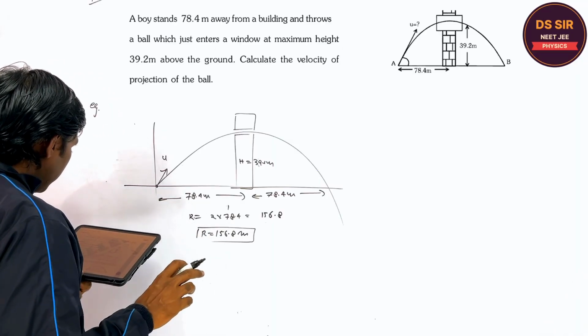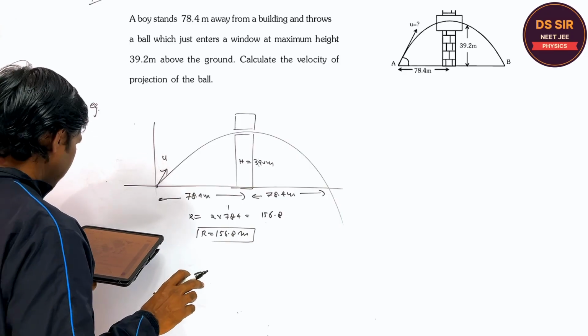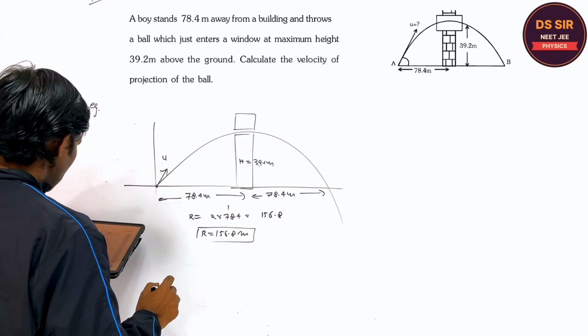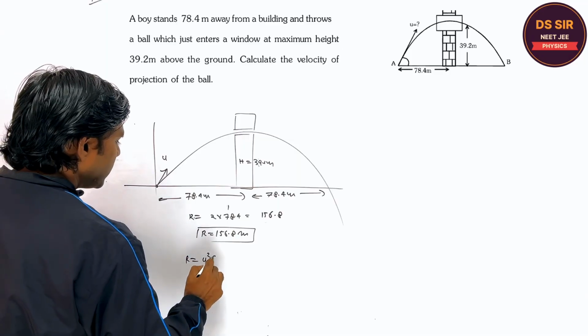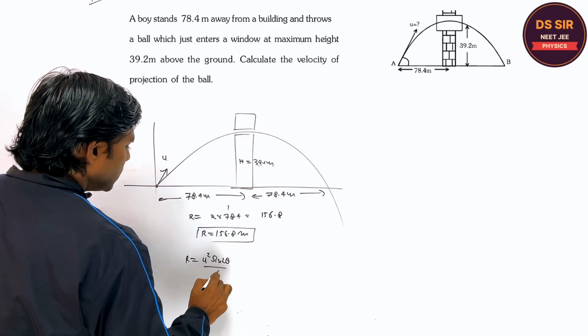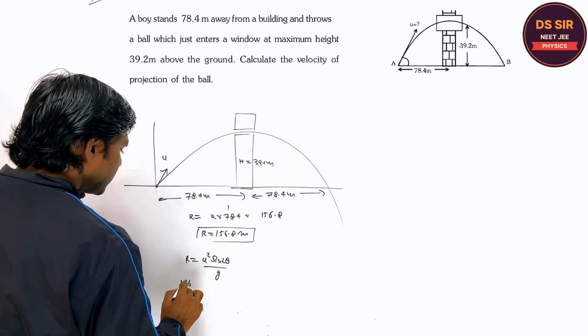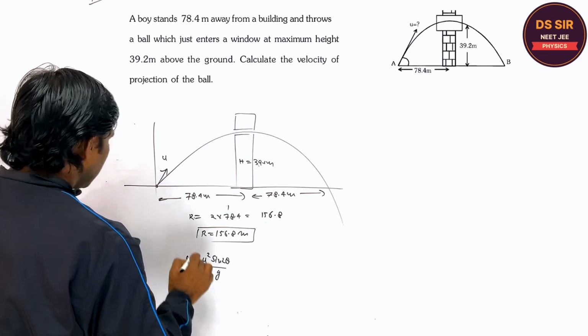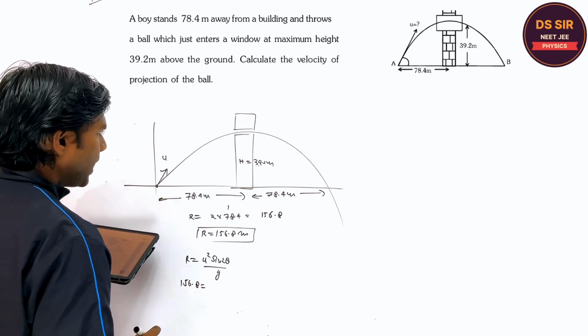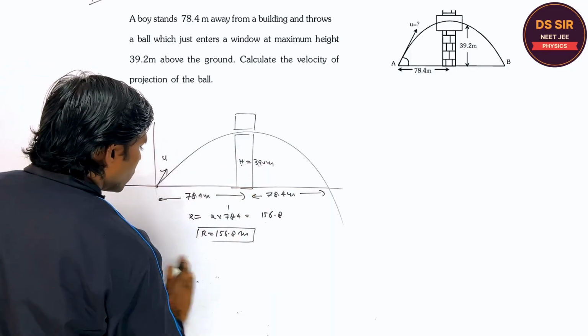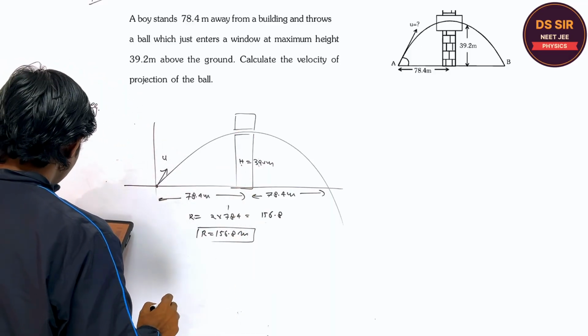So the window is at the maximum height. So the range is what? Range is equal to u square sine 2 theta upon g. The range is 156.8. The maximum height is also given. So can you write the equation for the maximum height?